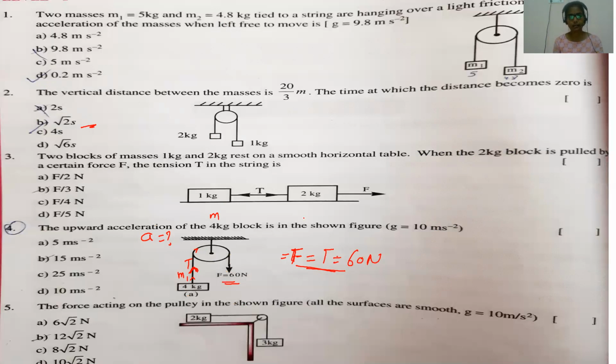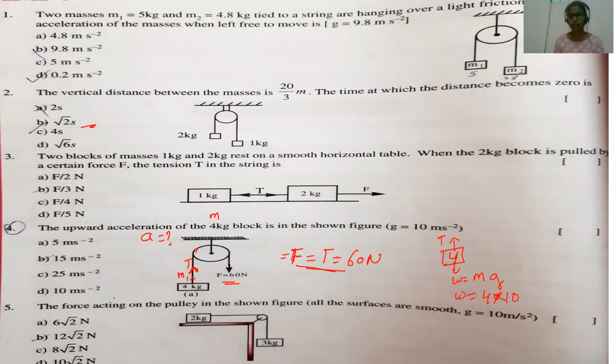Let us write the free body diagram for this block. Okay, let us take the 4 kg block. Because of that 4 kg block, here the tension is acting and the weight is acting downward. W is equal to mass into g, right? M is 4 and let us take g as 10.